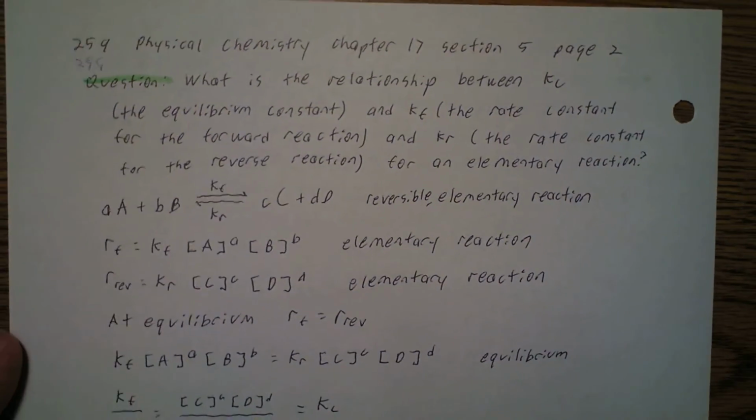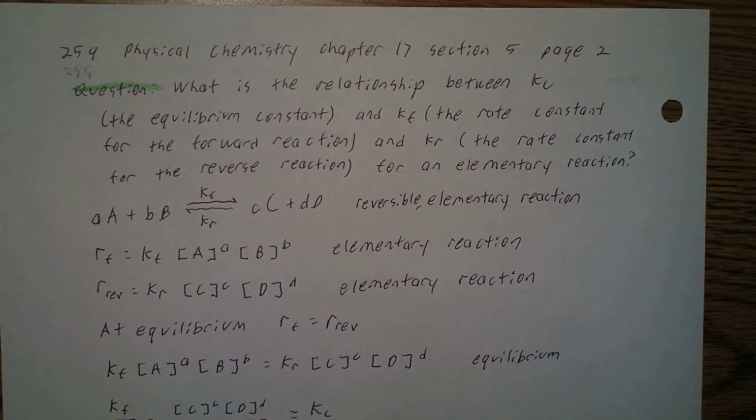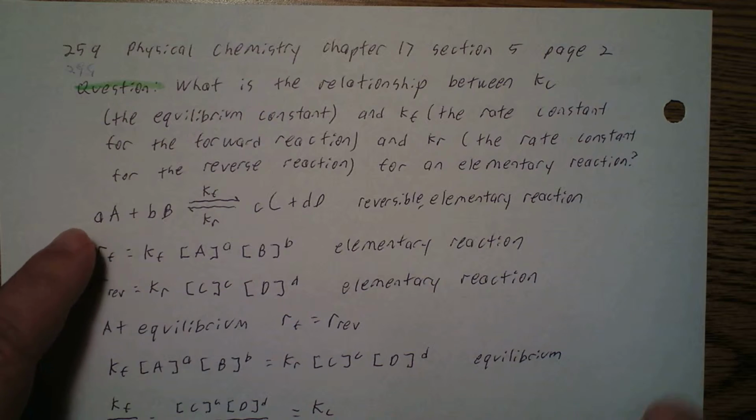So the question is, what is the relationship between Kc, the equilibrium constant, and Kf, the rate constant for the forward reaction, and Kr, the rate constant for the reverse reaction, for an elementary reaction? Well, here's a similar reaction.